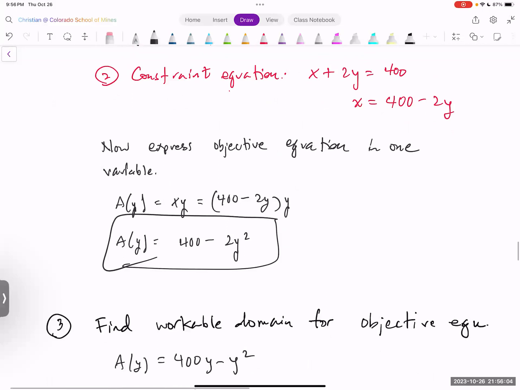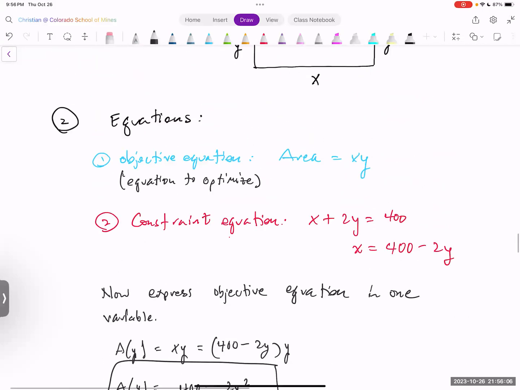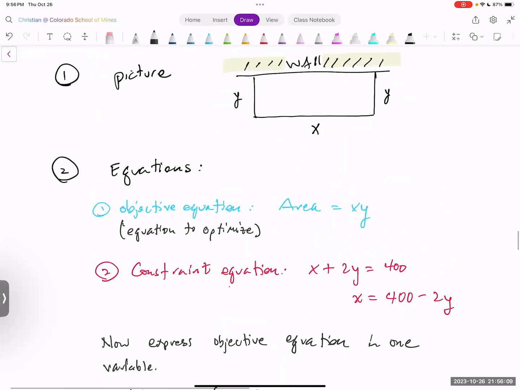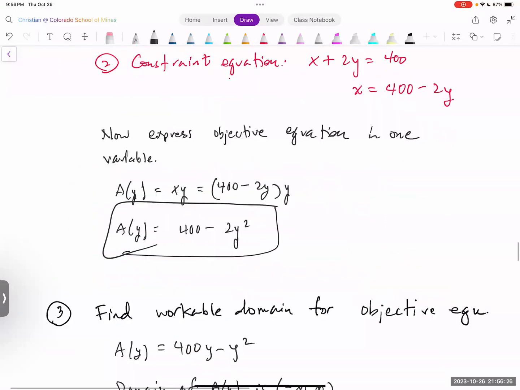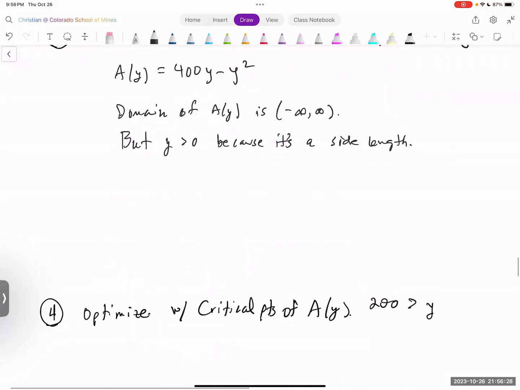I guess you could come up with this a couple ways. Let's say we decided to give all of our fence material to Y, then we would have 200 feet here, we'd have 200 feet over there. So the most Y could be would be 200. So Y has to be less than or equal to 200. X also needs to be positive because it's a side length.